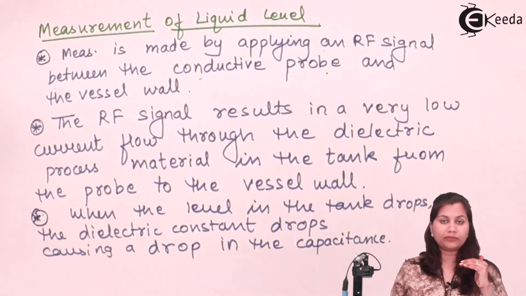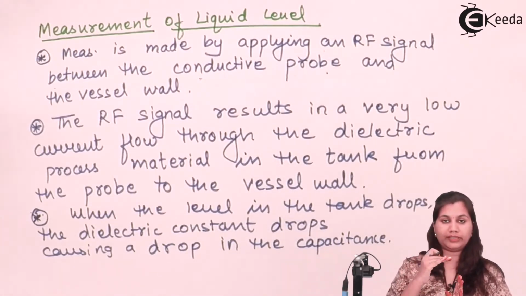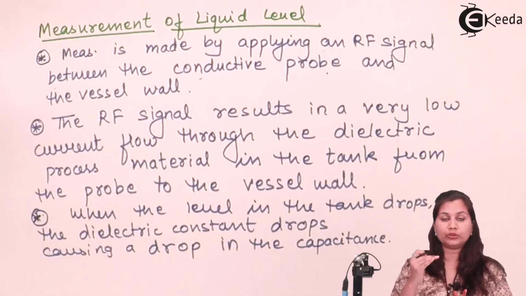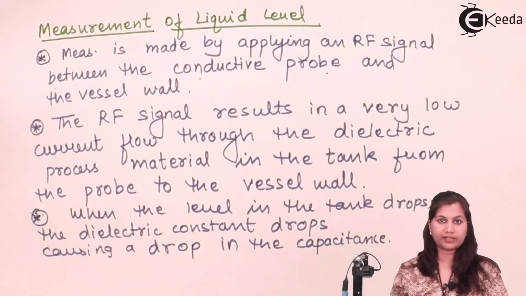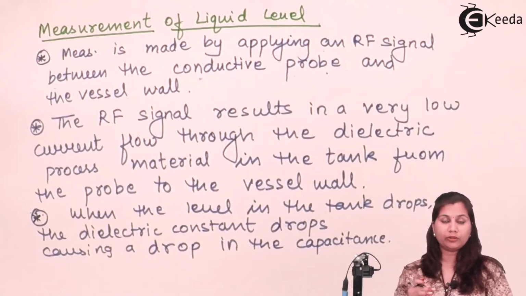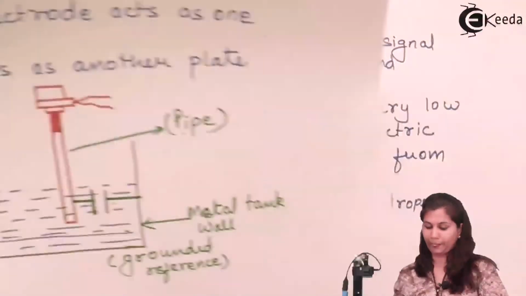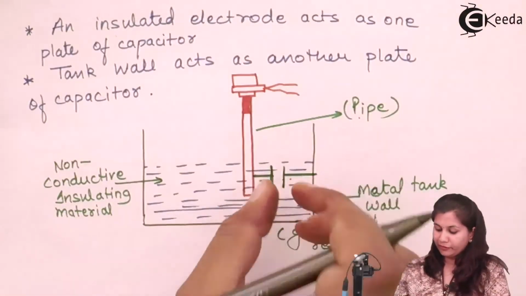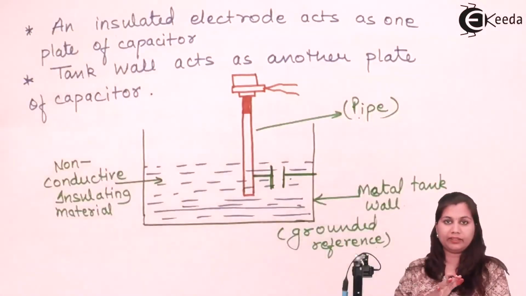Now when the level of the liquid drops in the tank, the dielectric constant also decreases, and due to the decrease in the dielectric constant, the capacitance also decreases, and there is also a minute drop in the flow of the current. If the tank is completely filled, we have one value of the capacitance.